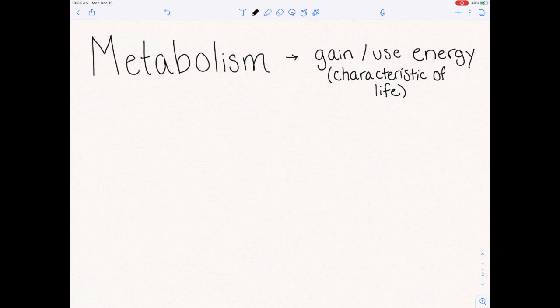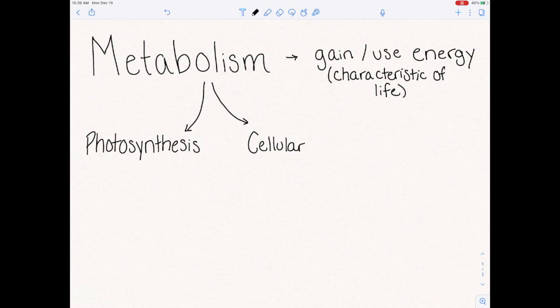We are going to talk today about these specialized structures in eukaryotes. And the processes that these allow eukaryotic cells to carry out are called photosynthesis and cellular respiration. Sometimes you will see it referred to as just respiration.